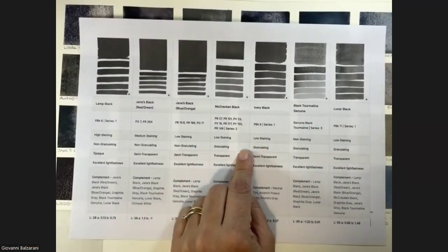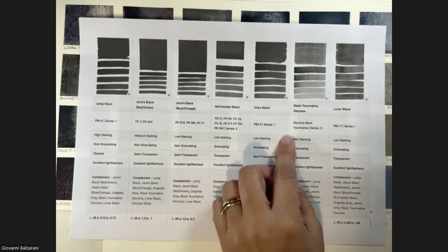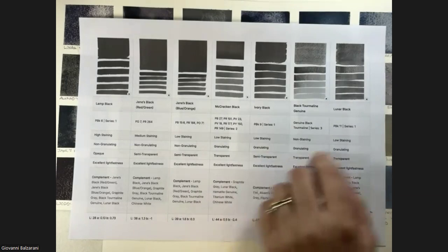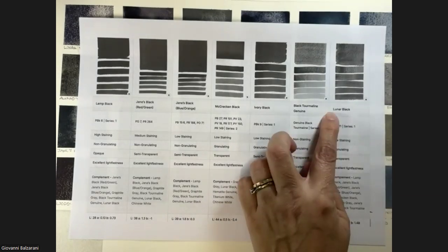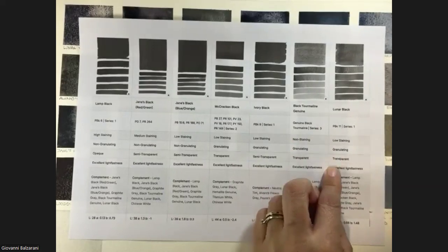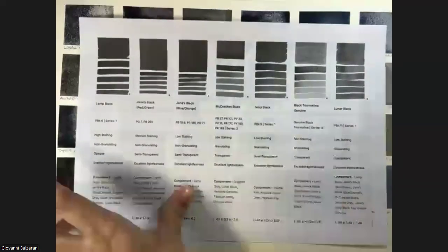Ivory black is low staining, granulating, semi-transparent. Black tourmaline genuine is non-staining, granulating, transparent. And finally, the lunar black is low staining, granulating, and transparent. I hope you can see it.